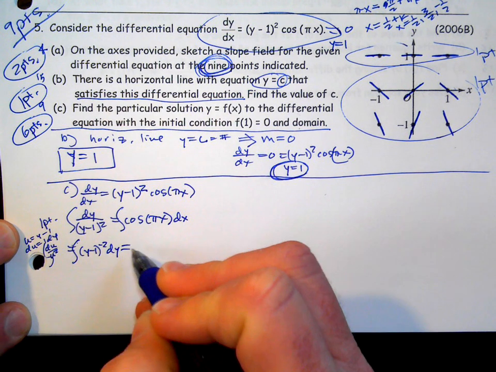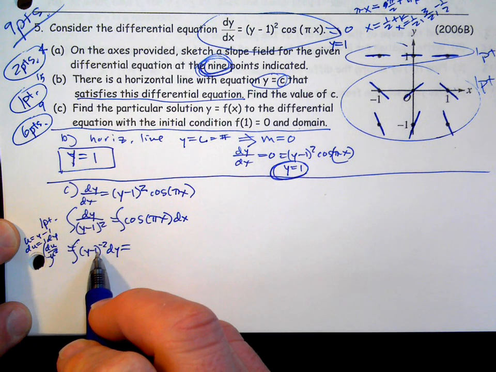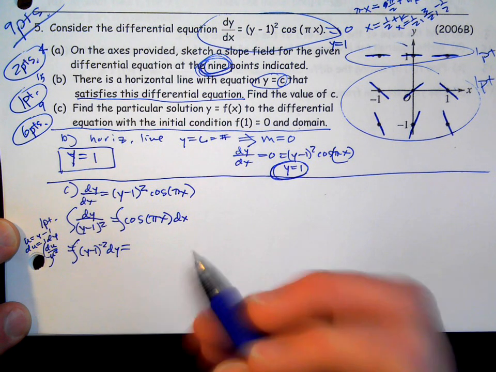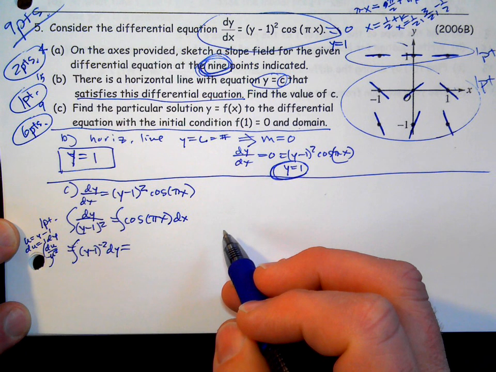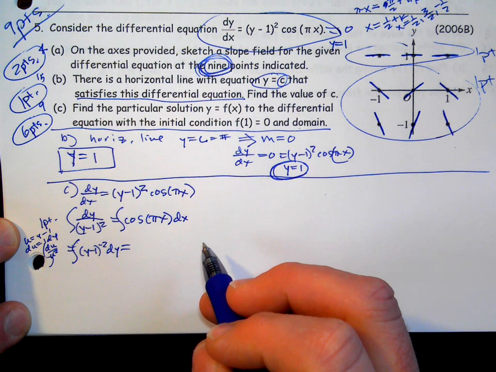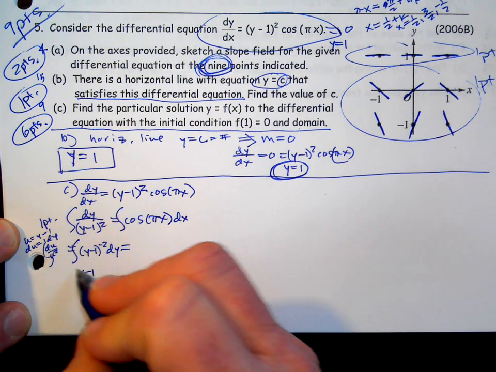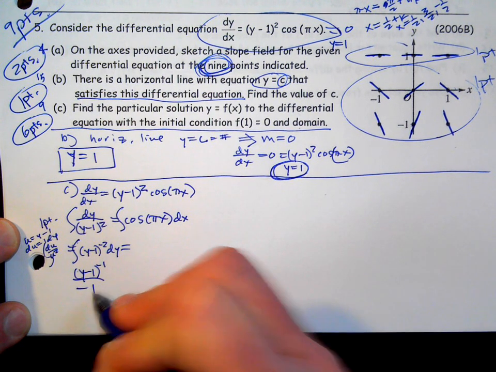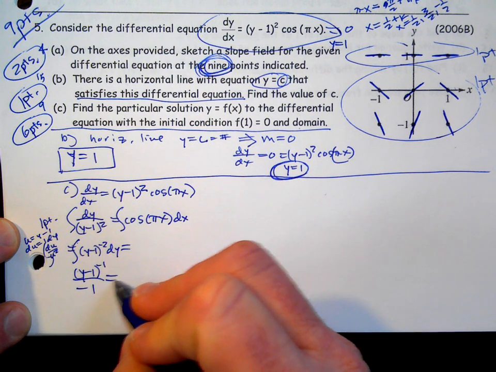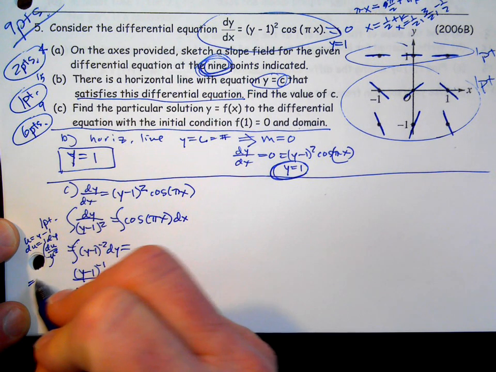And yes, there's an inner function, but the derivative of the inner function is 1. So we're not going to need anything extra out in front or do anything weird because of the chain rule. We're just going to say, all right, increase it by 1, divide by the new exponent. That's it.